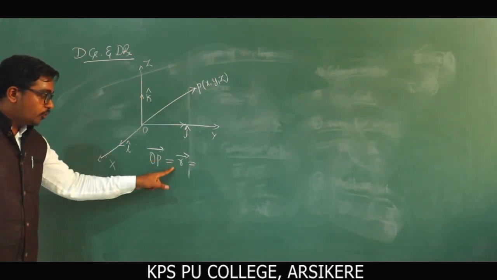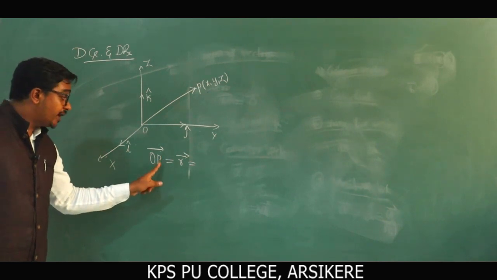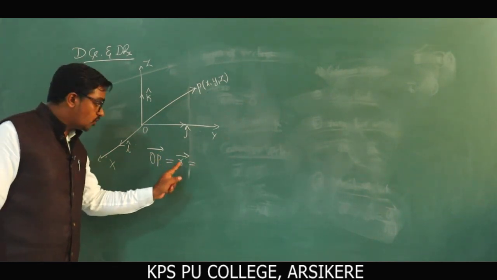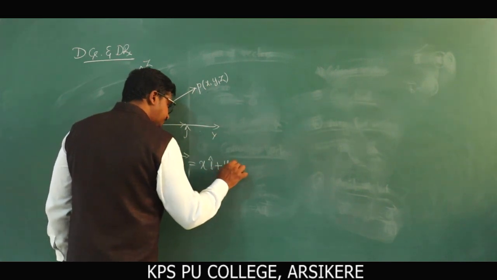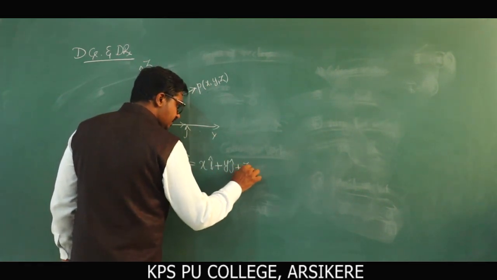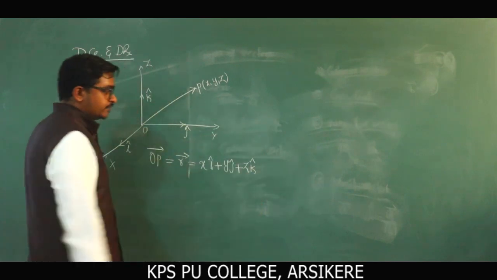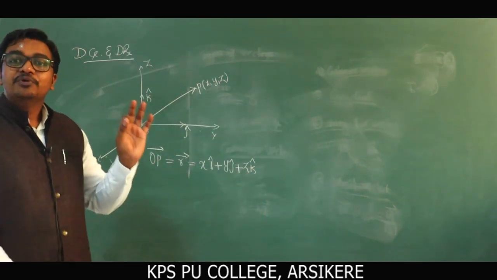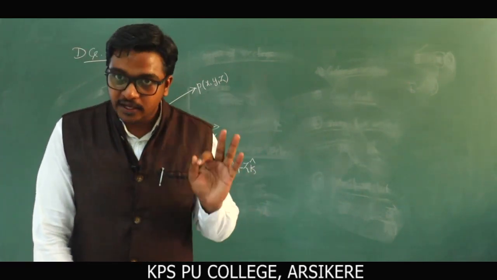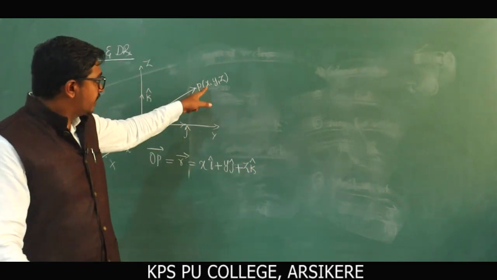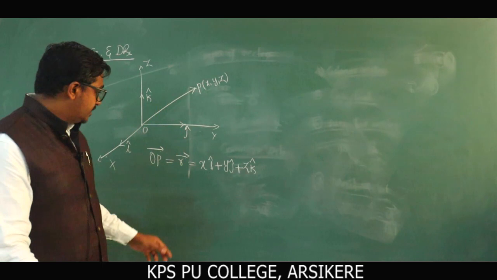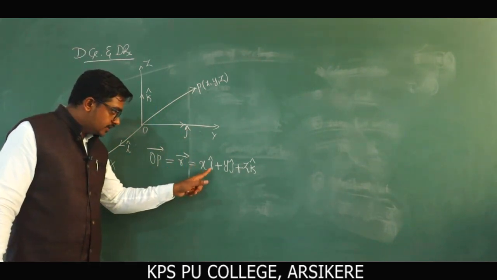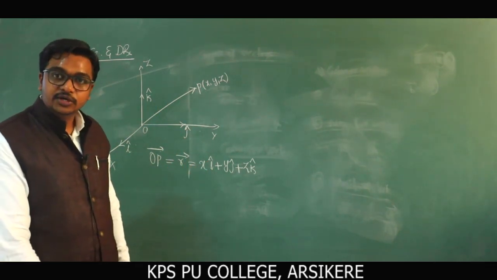Therefore the position vector of the point P, vector OP or vector R, can be written as x into I cap plus y into j cap plus z into k cap. This represents the position vector of the point P, whose coordinates are x comma y comma z.